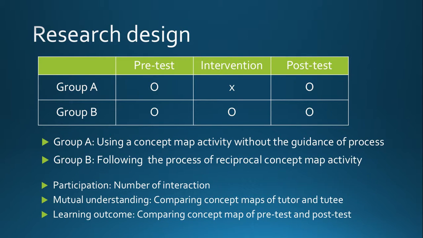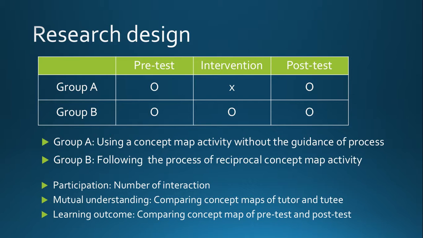So in this research, there will be two groups. Group A will use a concept map activity without guidance of the process, but Group B will follow the process of reciprocal concept map activities.